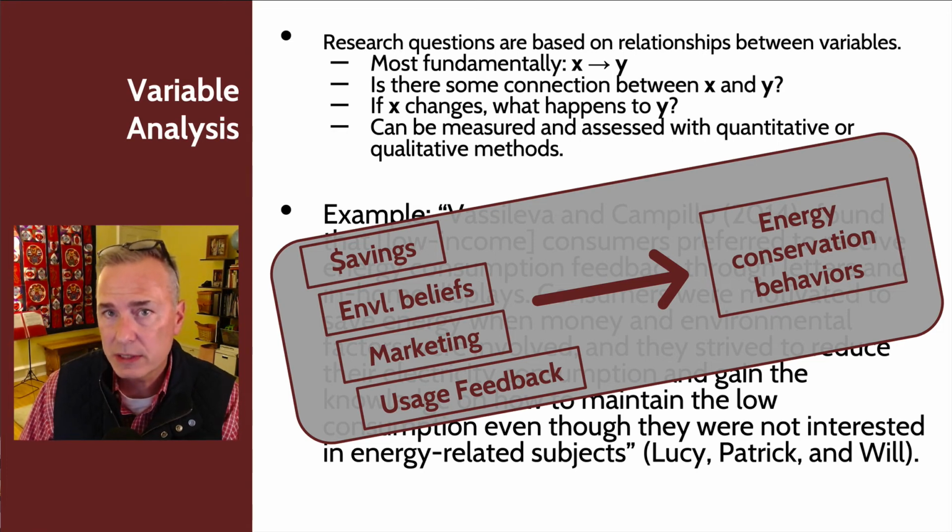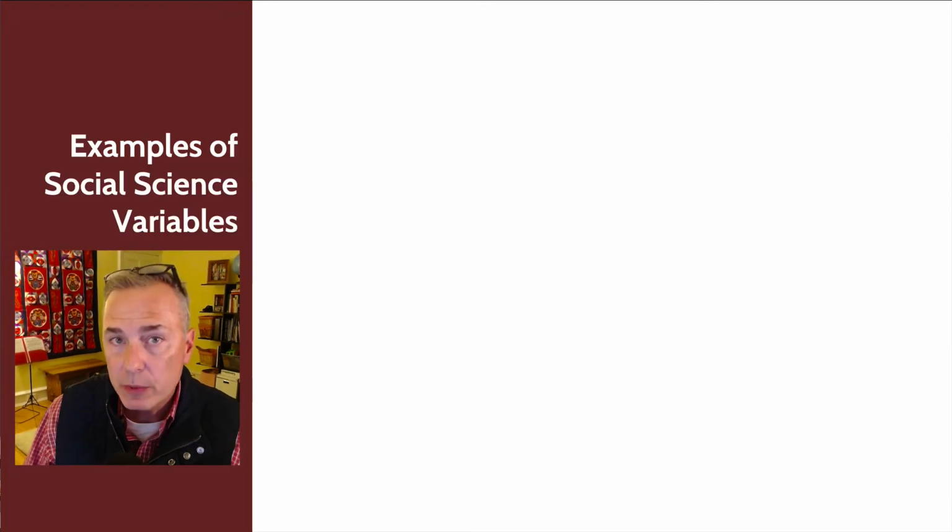Those are important things to sketch out and map so that we can develop the tools and instruments, through surveys or through interviews or whatever method we're using, to try to get a sense of the relationship between those variables. One of the reasons that this process is really important is just because the sheer number of variables that we can consider in social science and environmental studies research projects is kind of overwhelming.